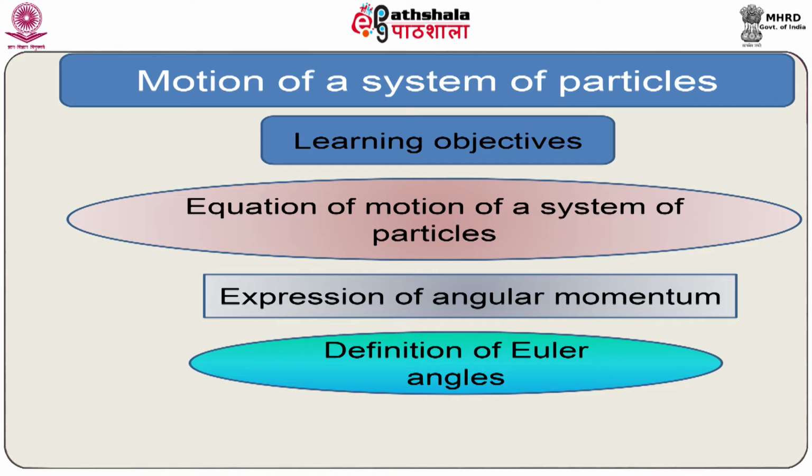According to this definition, it is permitted to carry on the dynamics of a system of particles. So, in this module, we shall discuss the dynamics of a system of particles. In this module, we shall discuss the equation of motion of a system of particles.